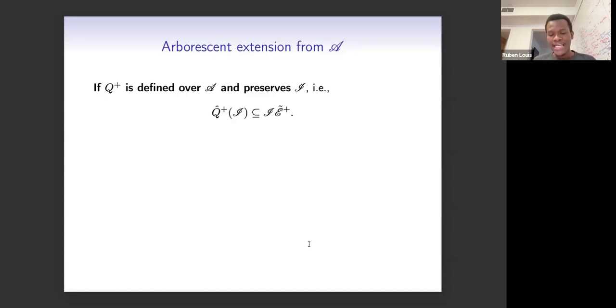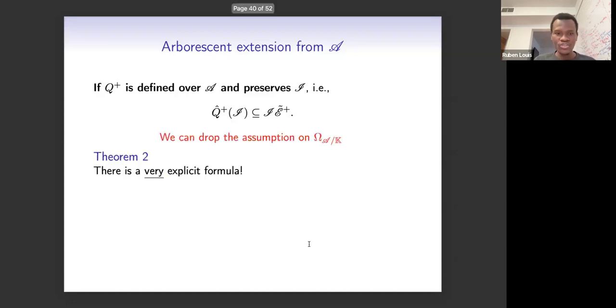But in that situation it is better because we can remove the assumption on the Kähler differential of A over K. We don't need this thing to be projective anymore, because the reason we need this part is to extend some derivations we had.